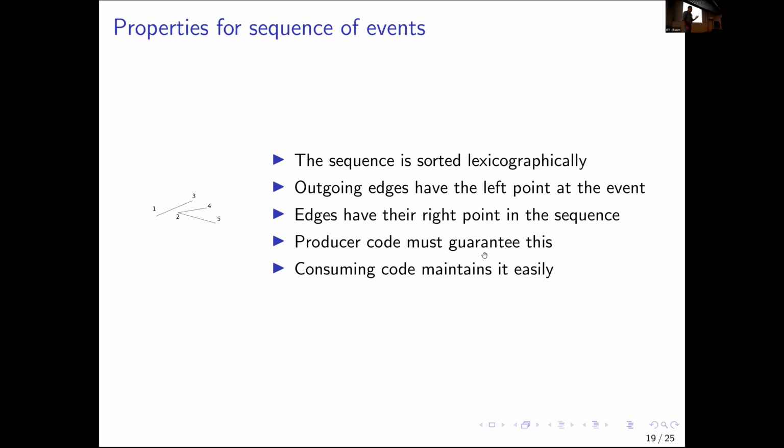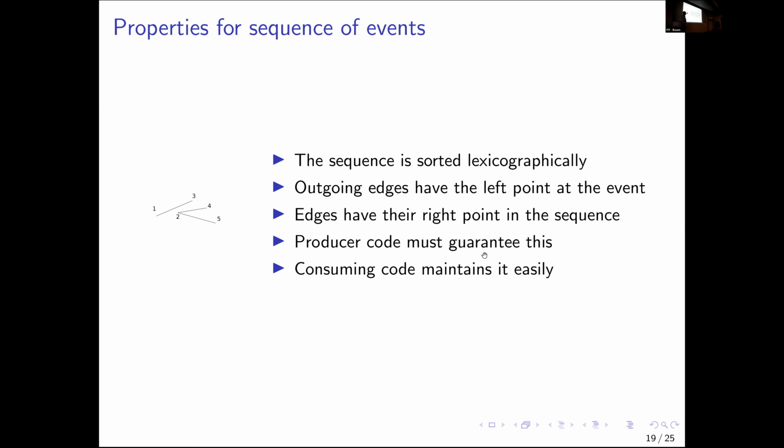So this sequence is built using an algorithm which is almost the same as insertion sort. That is, it takes the sequence of edges as input, and every time it processes an edge, it inserts in the sequence of events first the left-hand side point, and then the right-hand side point, with the information that the right-hand side point is just a right-hand side. And when you discover that you are meeting an event that you've already encountered, for example, when you process this edge, you are going to create the event 2.